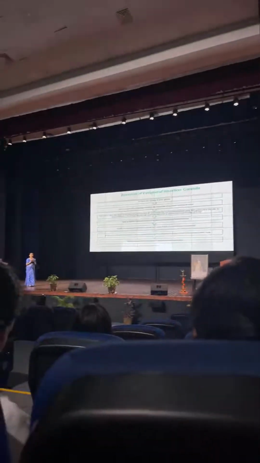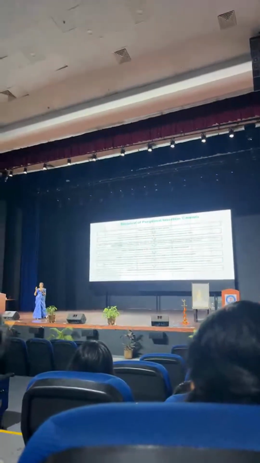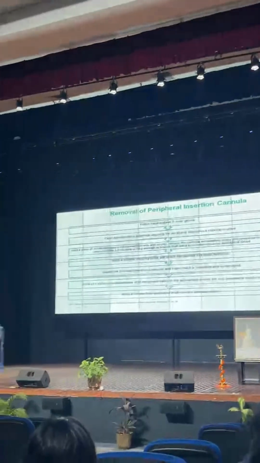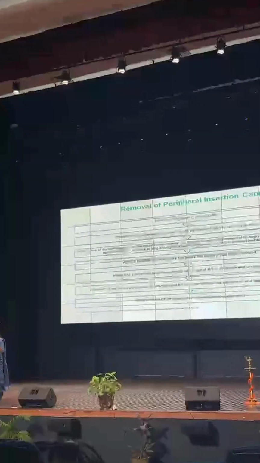Why do we have to do the flushing protocol? Why do we have to flush the lines? Whether it is PICC, PIC lines, mid lines, or CVC, whatever it is, chemoports also, we have to flush it. Why are we flushing it? To maintain the patency. Nothing should be remaining in the catheter or in the blood vessel.